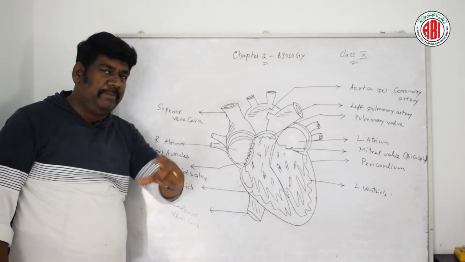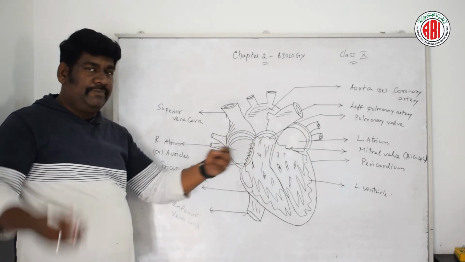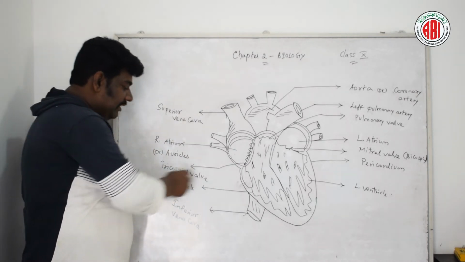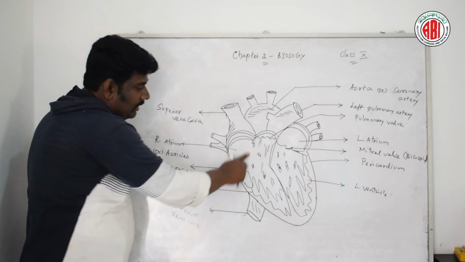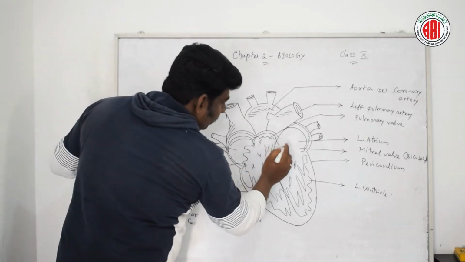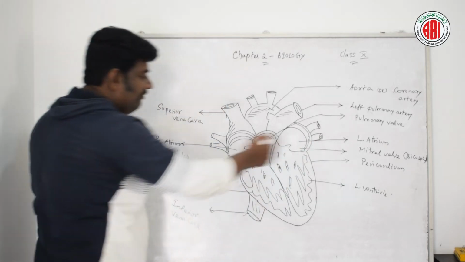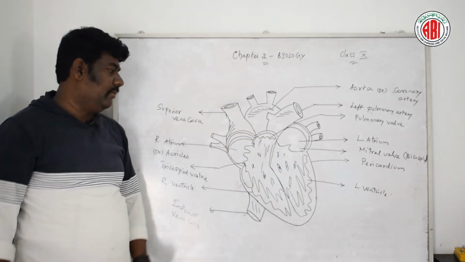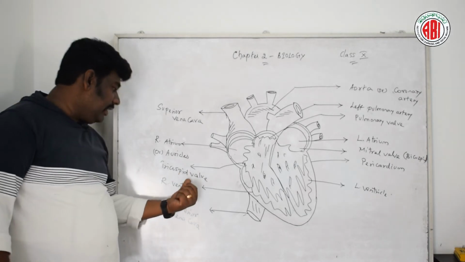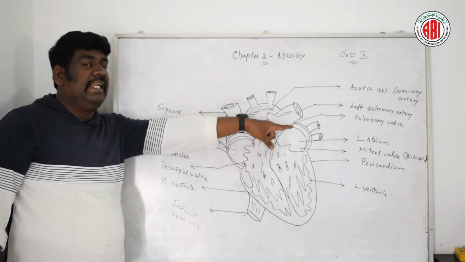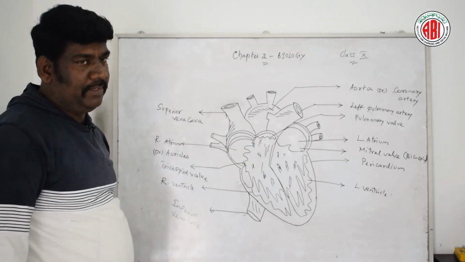Bicuspid and tricuspid: the meaning of bicuspid is it is folded with two folds, and tricuspid is folded with three folds. Just imagine like this, three-folded, and this is folded with two. That is the reason they are called bicuspid valve and tricuspid valve. So the tricuspid valve is in the right atrium, and the bicuspid valve is in the left atrium. That is very, very important.